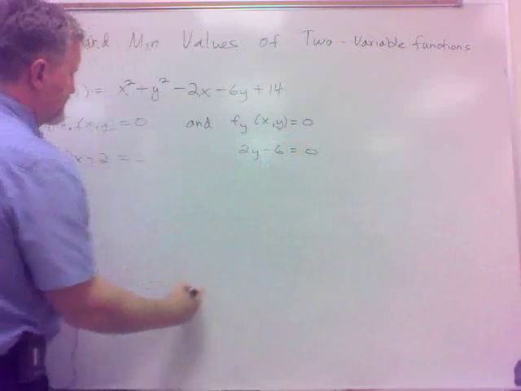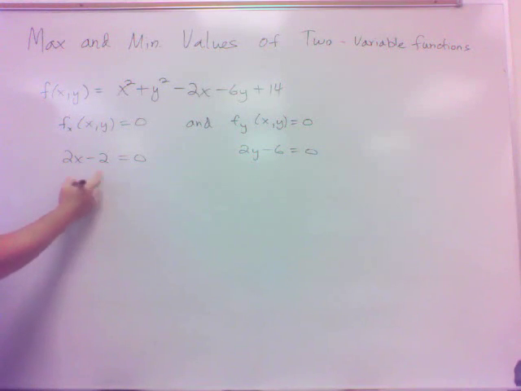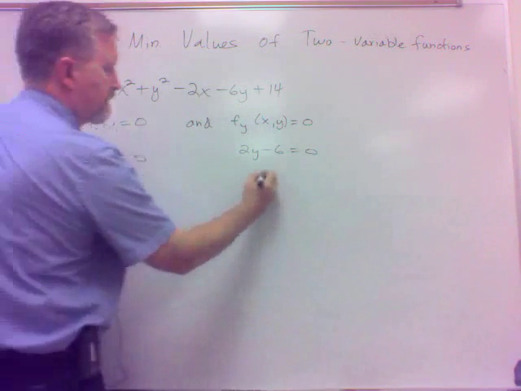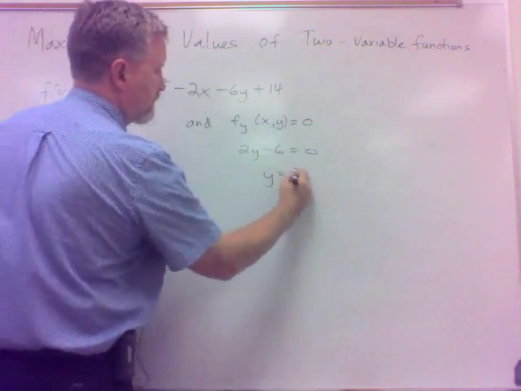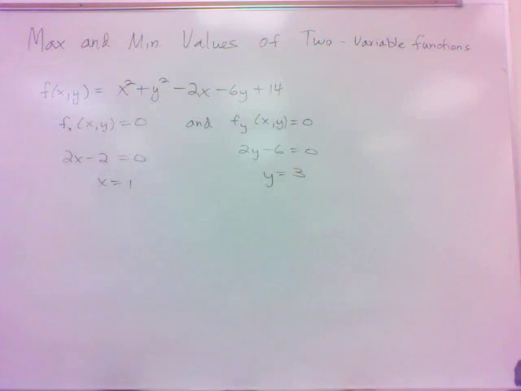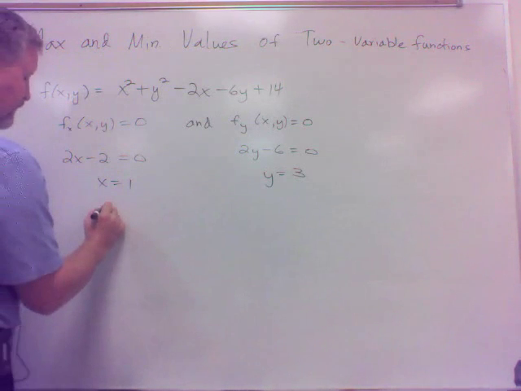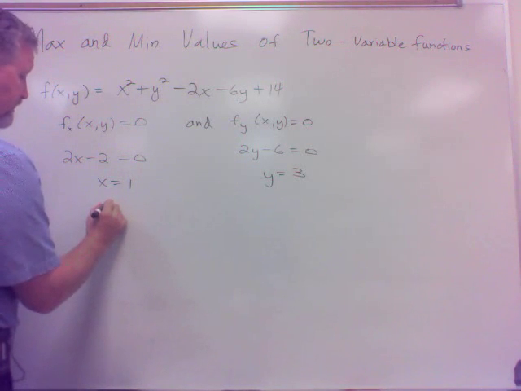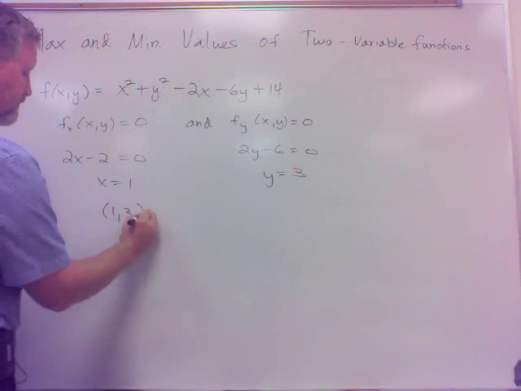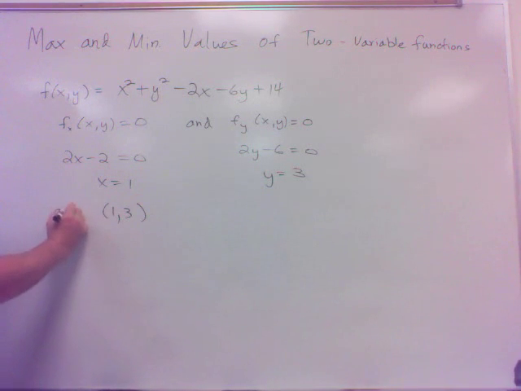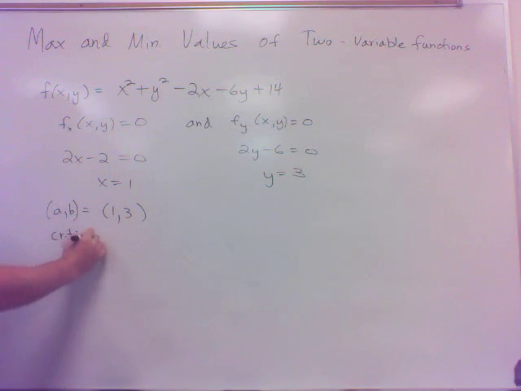So we set that to 0. And so we solve that for x here. Get x is 1. Solve this for y. You get 3. And so the critical point here that we'd want to maybe look at is (1, 3). So our critical point, if you will, is (1, 3).